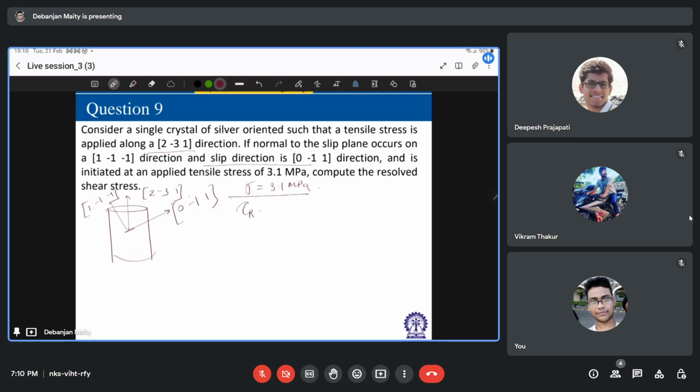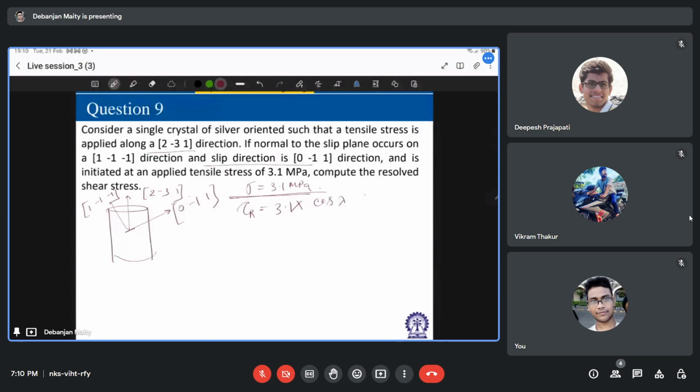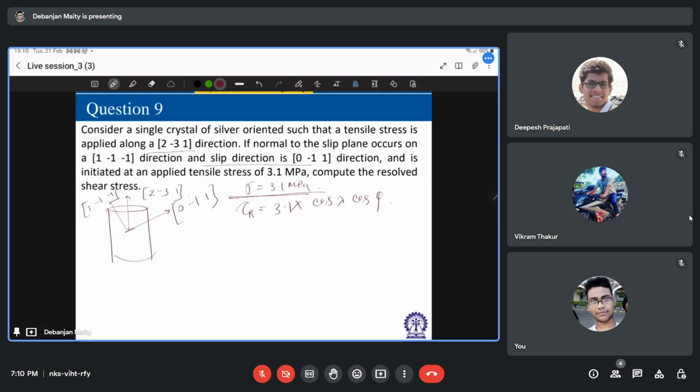So you have this tau equal to 3.1 into, I don't know the angles. So you need to find out cos lambda cos phi value basically. How can you find out this cos lambda cos phi value? All the directions are given. Simply do the dot product, right? A dot B is AB cos theta.